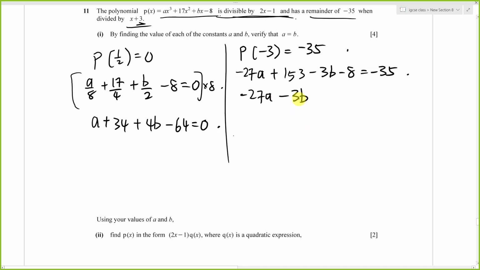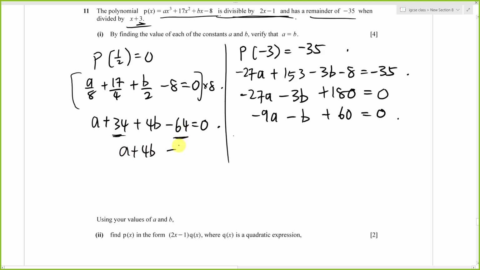Alright, so we have some numbers here. 153 minus 8 plus 35, 180. Obviously all these numbers can be divided by 3. Negative 9a minus b plus 60 equals 0. And why didn't I solve the number here? So this is a plus 4b minus 30 equals 0.